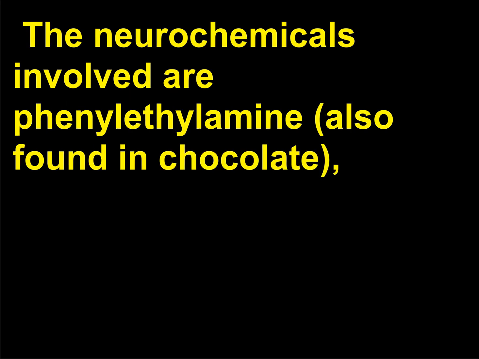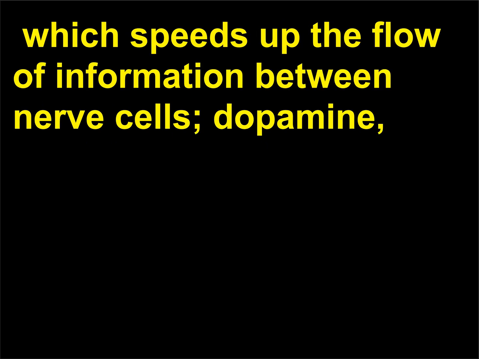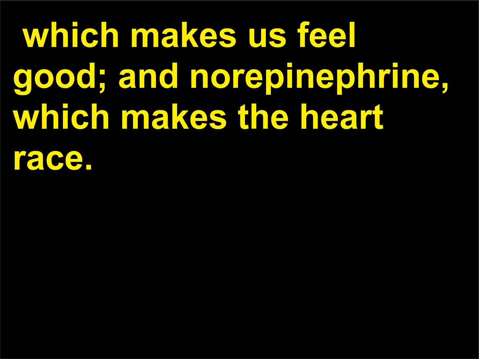The neurochemicals involved are phenylethylamine, also found in chocolate, which speeds up the flow of information between nerve cells, dopamine, which makes us feel good, and norepinephrine, which makes the heart race.